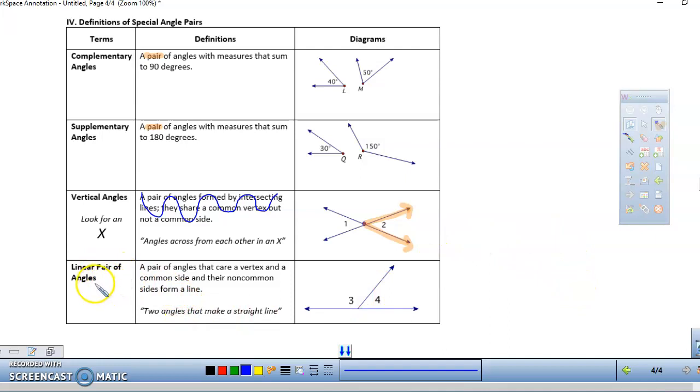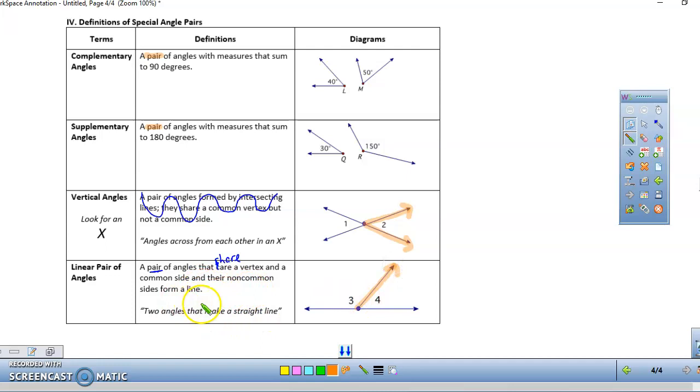Linear pair. So this is a picture of a linear pair. Technically, it's a pair of angles that share a vertex. So here's the vertex that they share. And they share a common side. So this right here would be a common side to both angles.